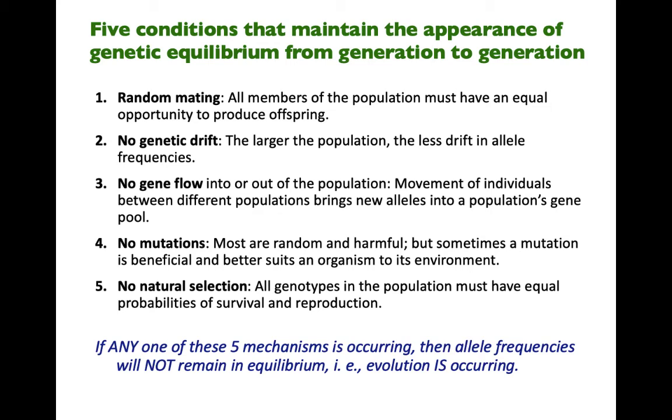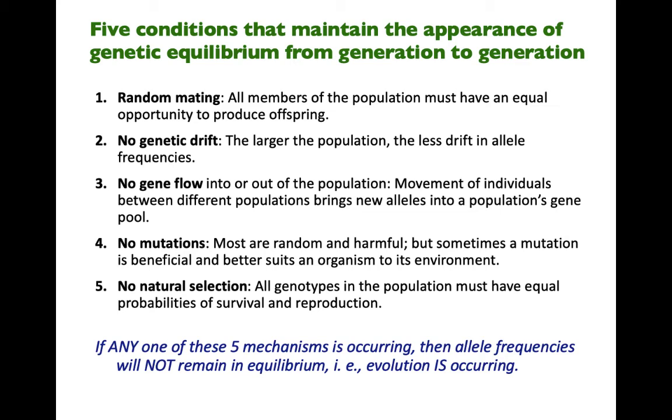No genetic drift. The larger the population, the less drift in allele frequency. Without mutations, we see less change in the frequencies of alleles in populations from one generation to the next. Again, most mutations are random and harmful, perhaps, but sometimes a mutation is beneficial and better suits an organism to its environment. No natural selection.